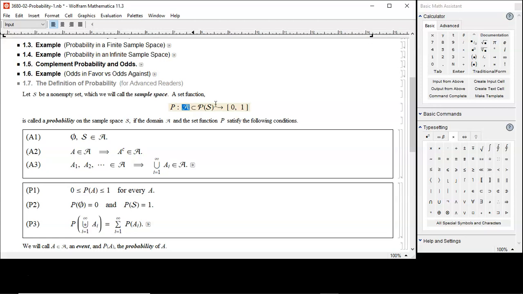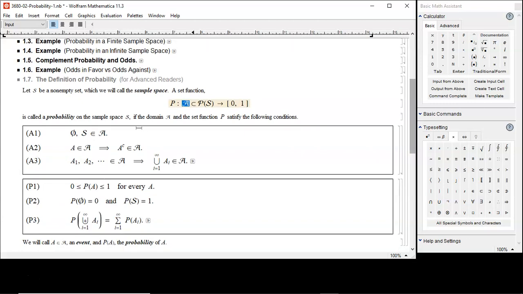But then again, this domain must satisfy its own axioms, and here's one. First, the empty set and the whole space must be part of that domain. Otherwise, you can't have this. So yes, this is necessary. Next, if a certain event is in the domain, script A, then its complement is also in there.